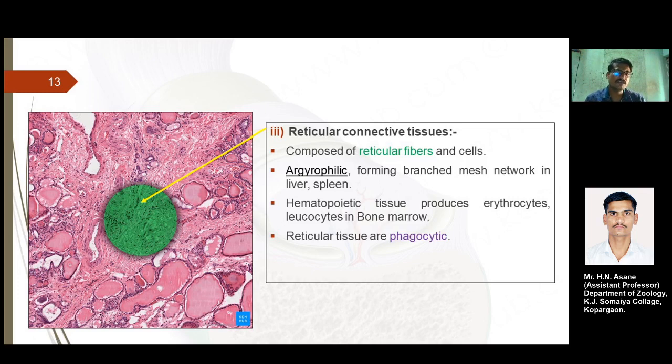The surroundings are muscle fibers, these big patches are muscle tissues, and the reticular connective tissue is situated there, giving mechanical support and connecting one muscle fiber to the developed muscle, we can see.